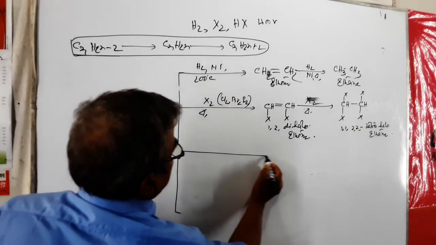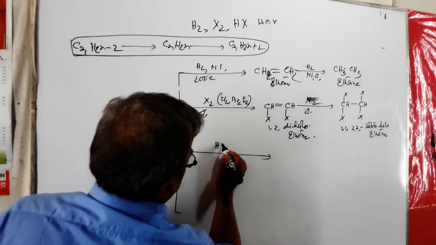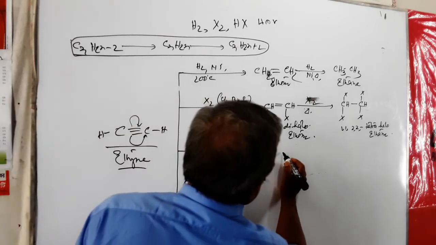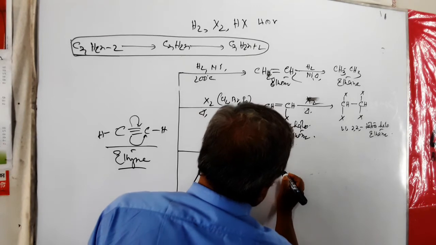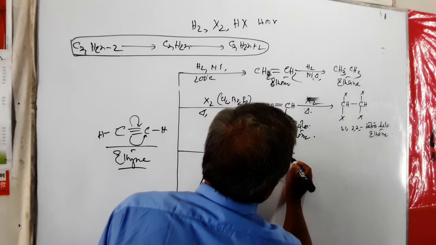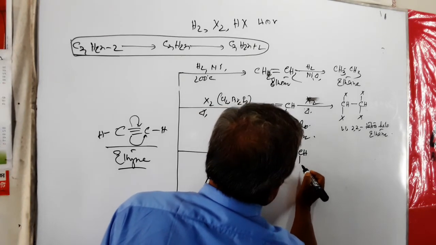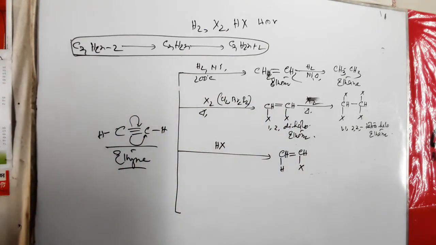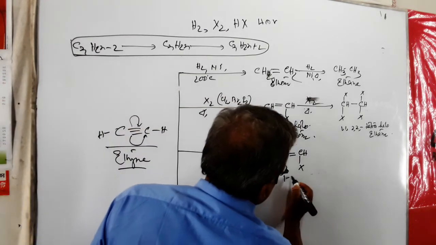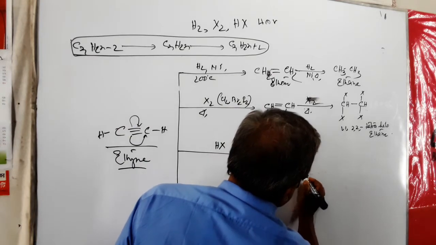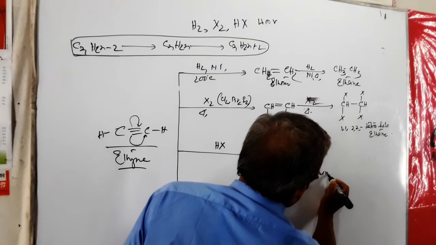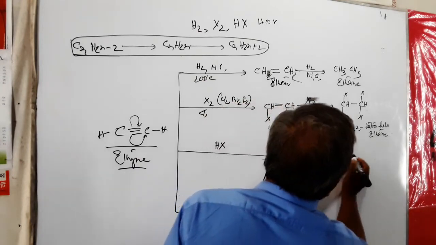Again, if it is halogen acid, then first 1-haloethene.